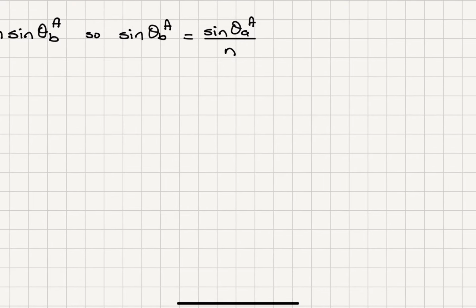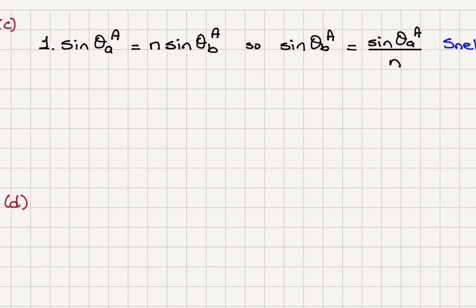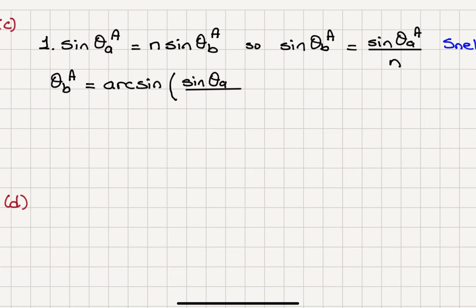So this is Snell's law written at point A. Okay, so I can see that the angle of refraction at point A, theta sub BA, is nothing but arc sine of theta sub A at point A divided by n.